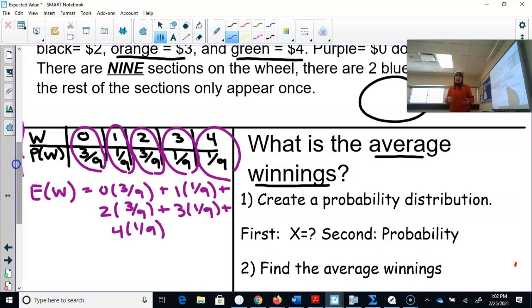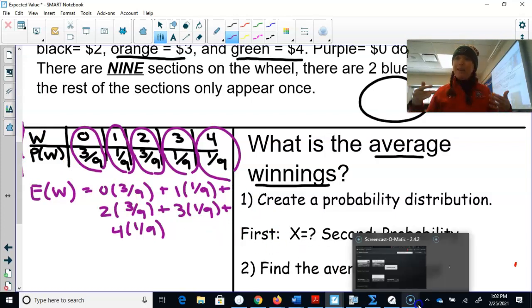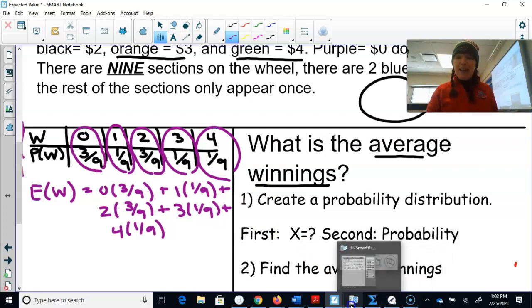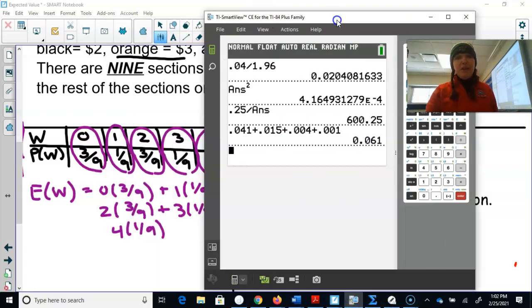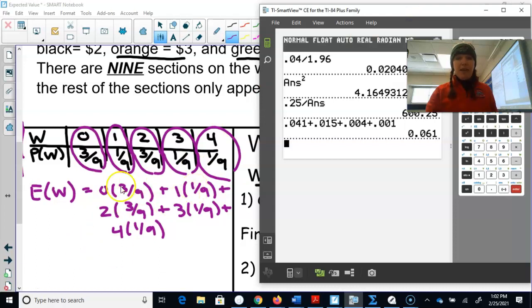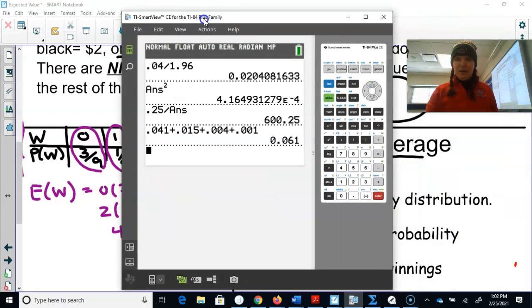Now I could do this completely by hand with my calculator, typing each one in and adding it all up, or you all have a graphing calculator on your Chromebook. I want you to know how to use that and make it work for you. So I'm going to show you how to put this in your graphing calculator to get the answer.